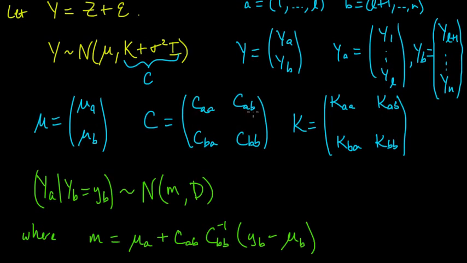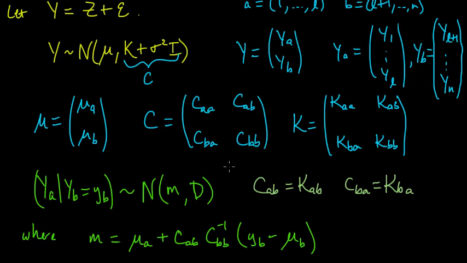Well, CAB is KAB, right? C is the sum of K plus this thing, which is just on the diagonal. So if we add a diagonal matrix to K, then CAB is just KAB, right? And similarly for CBA, that's just KBA.